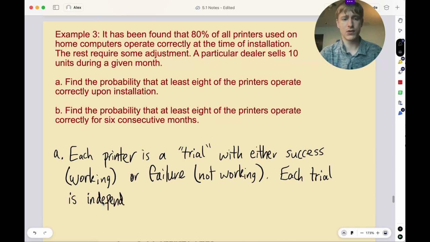Is it identically distributed? Well, we're given that the percentage of success is just 80%. Okay, so that's going to hold whether you look at 10 units or 100 units. So each trial is going to be independent and identically distributed, meaning it has the same probability to occur.